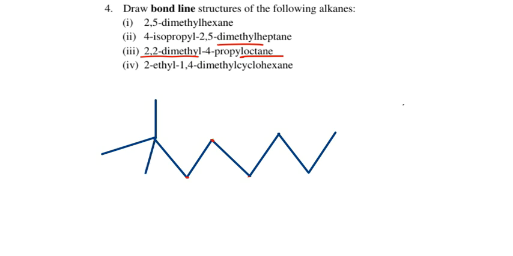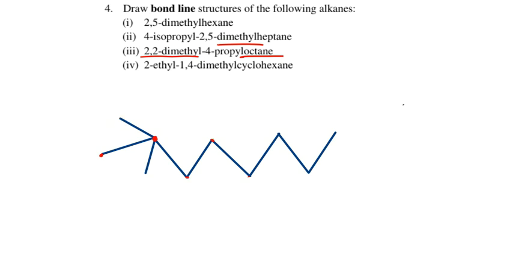Others would draw it almost in a similar manner, like this, so that it shows that if you take this to be your first carbon, that will be the second one, and then the second one is connected to 2 methyl groups, so that's why it's dimethyl.